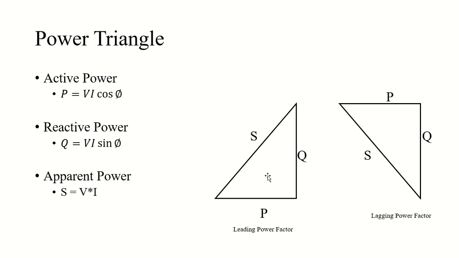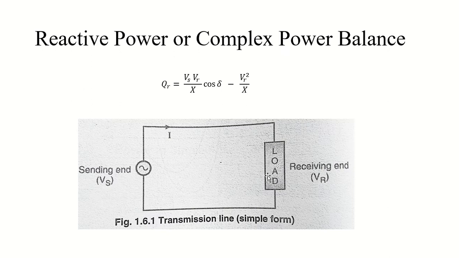They are basically working on that principle only, and this principle itself involves electromagnetic fields for their functioning. This electromagnetic energy is produced because of the reactive power. Now we will be discussing the balance of reactive power.